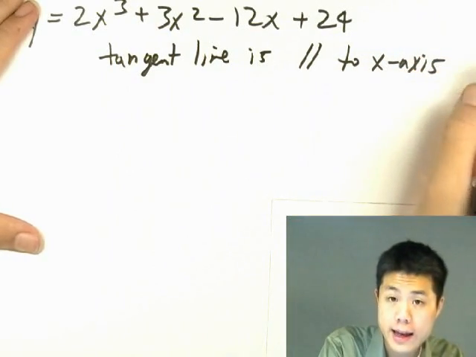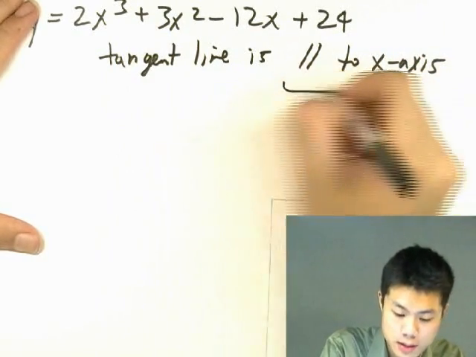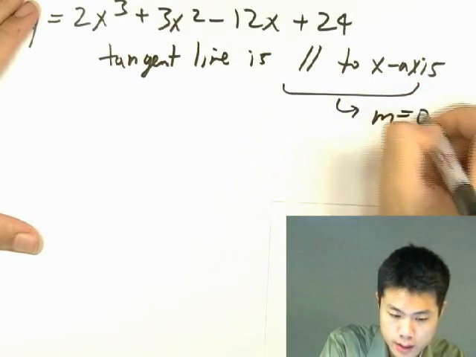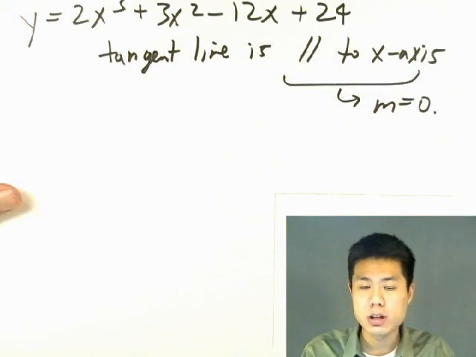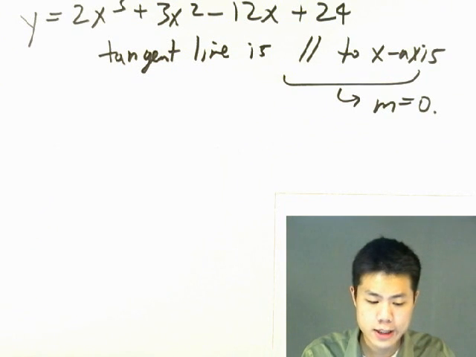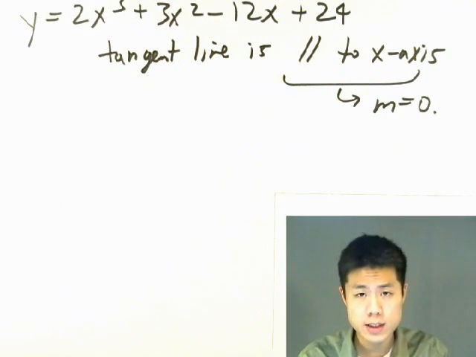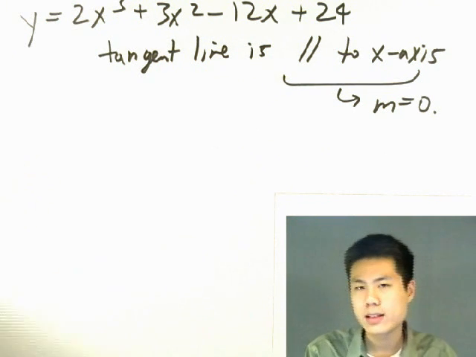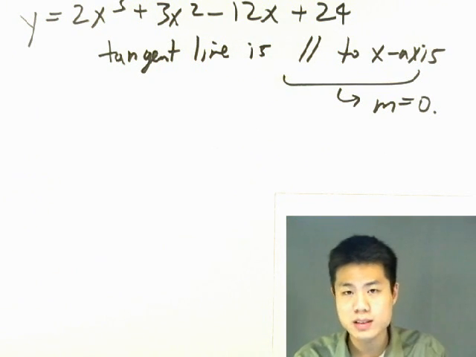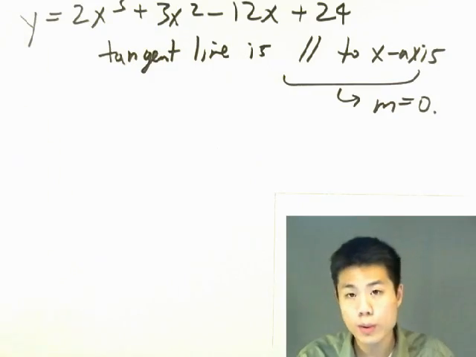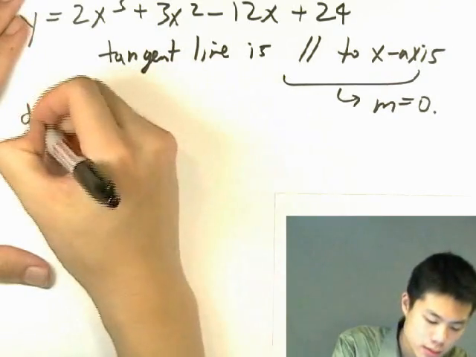And by parallel to the x-axis, what does this mean? This means that the slope is going to be 0. So how to do that? Very much the same. First, I have to find its first derivative, because anything that deals with slope has to do with the first derivative.